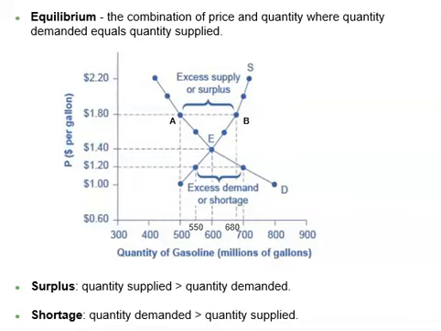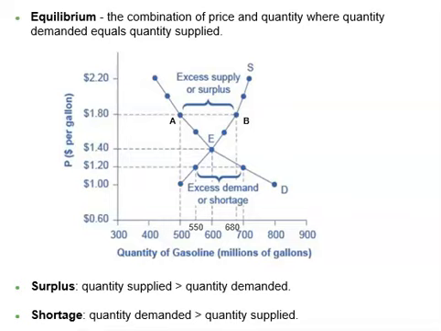So when the price is $1.8 per gallon, the quantity supplied is 680 million gallons, which is higher than the quantity demanded, which is 500 million gallons. Since quantity supplied is not the same as quantity demanded, the market is off balance or not at the equilibrium. This is what we call a surplus or excess supply.